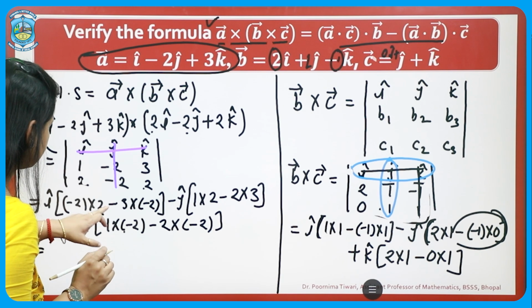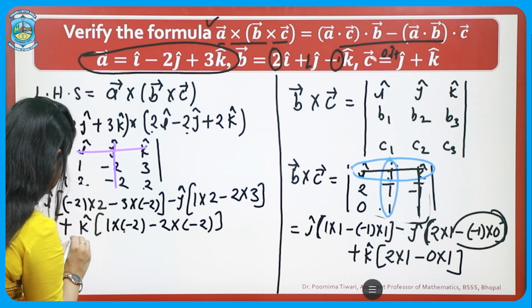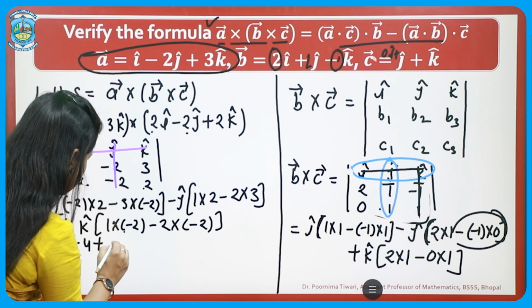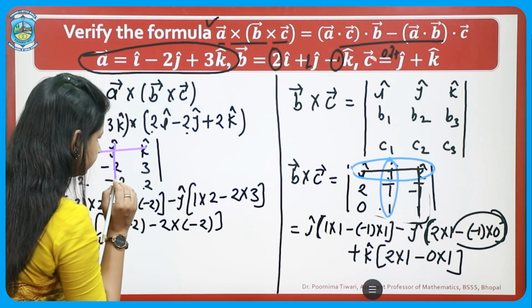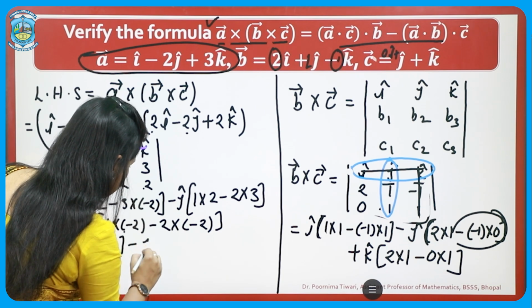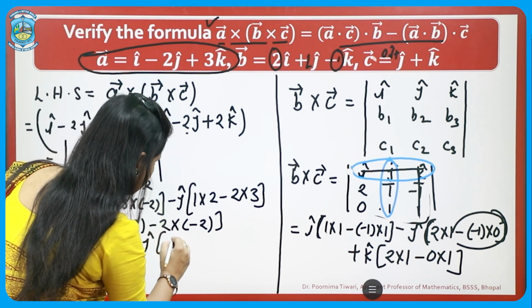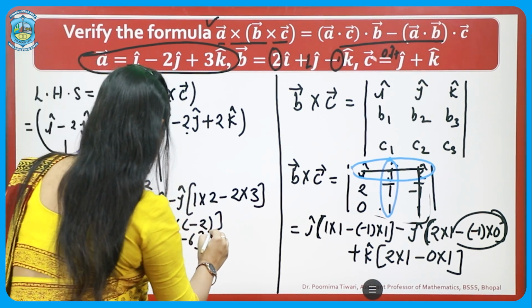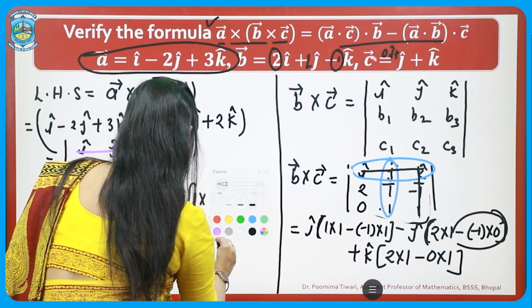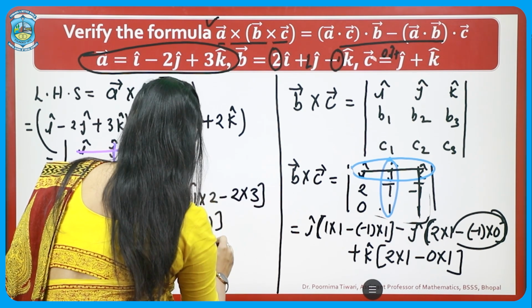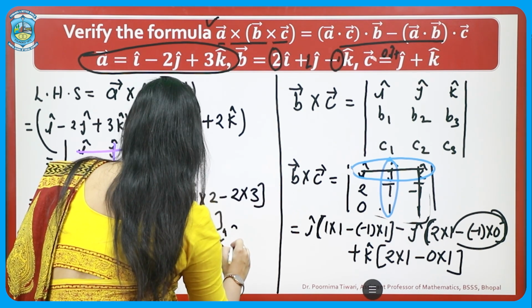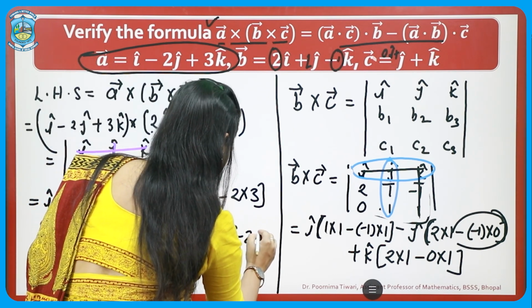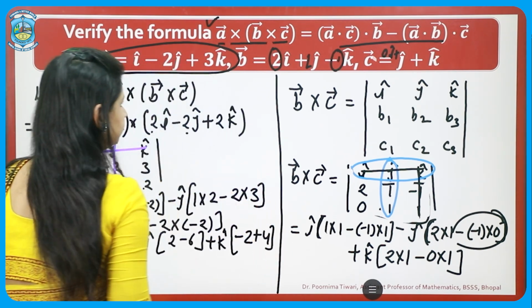So, it is minus 4 minus minus plus 6, minus j cap 2 minus 6, and this would be plus k cap minus 2 plus 4.